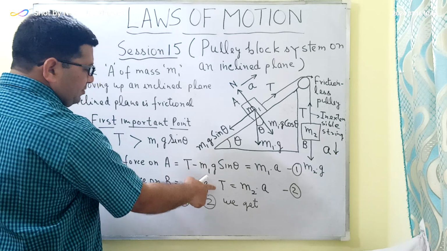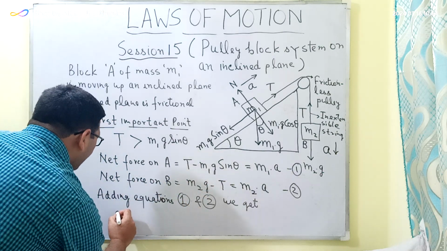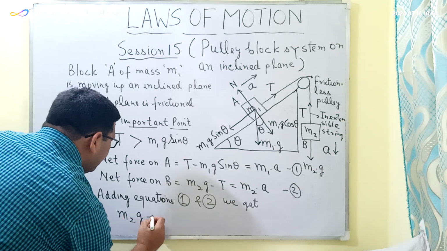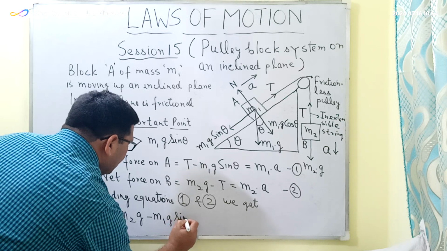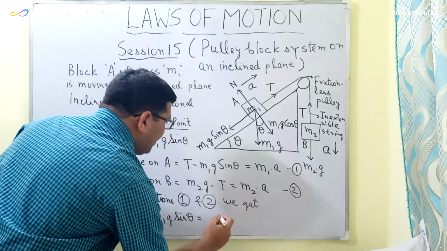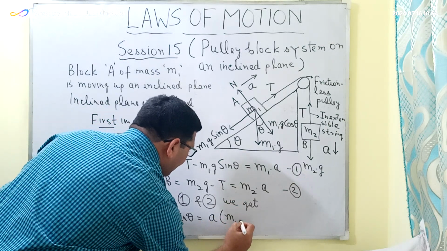This T and this T will get cancelled out, and finally I will be getting m2g minus m1g sine theta, which is equal to m1a plus m2a. So a will be common, and I can write it as m1 plus m2.